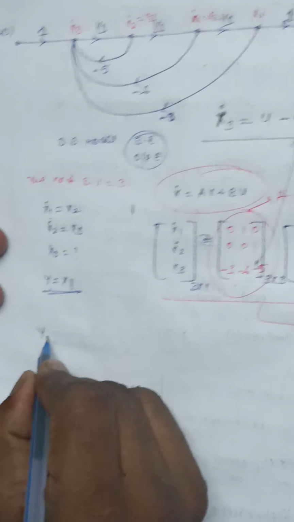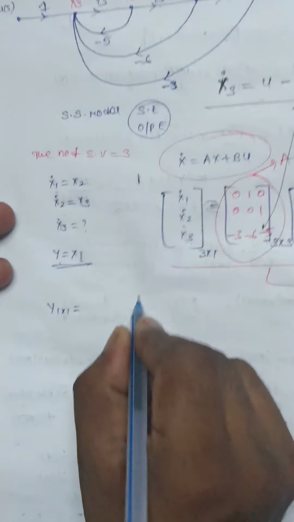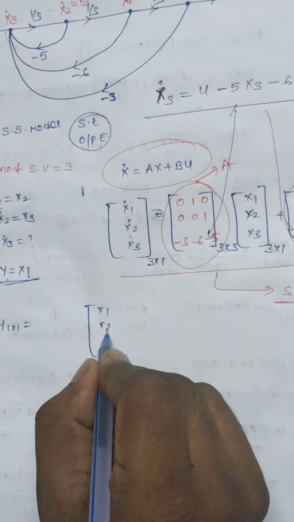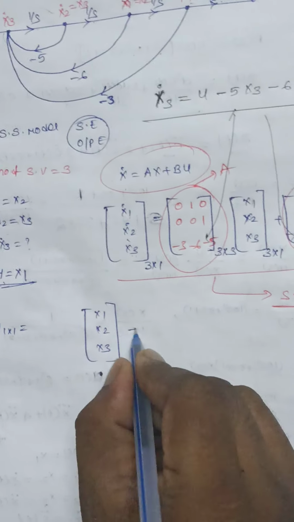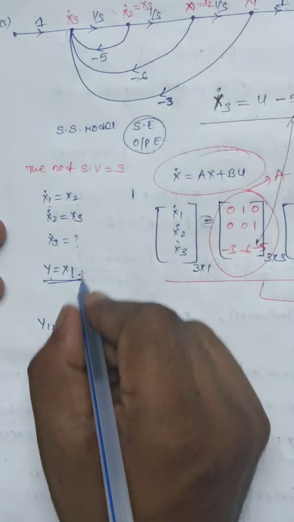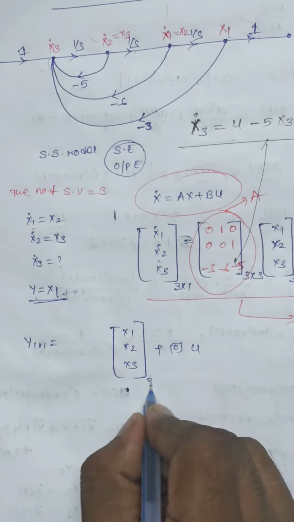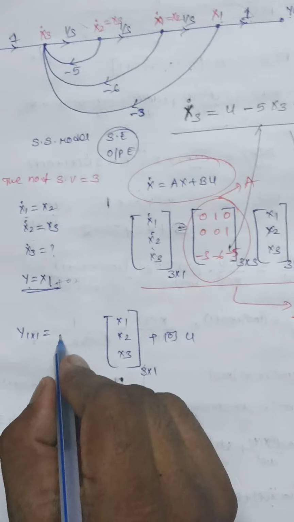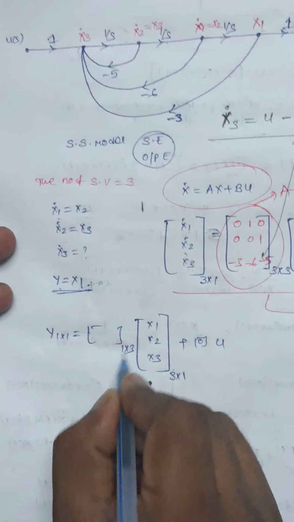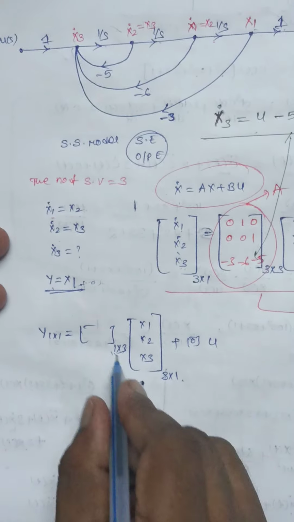Now you write the output equation, y is equal to x1. So y is a 1 by 1 matrix, it is x1, x2, x3, as there are 3 state variables present here, and there is no input involved, so it is 0 into u. Since the state is a 3 by 1 matrix, the coefficient matrix should be 1 by 3. To get a 1 by 1 matrix, the 3 will get cancelled.